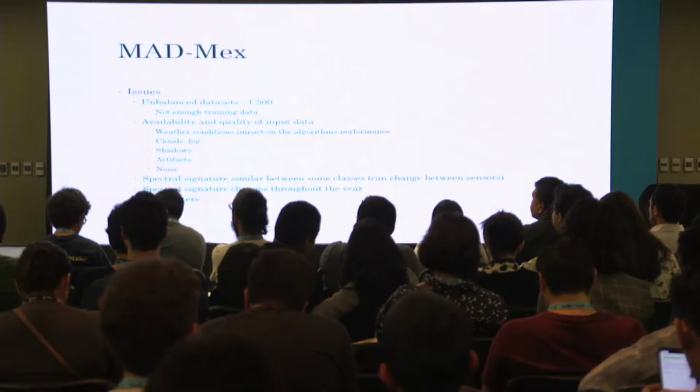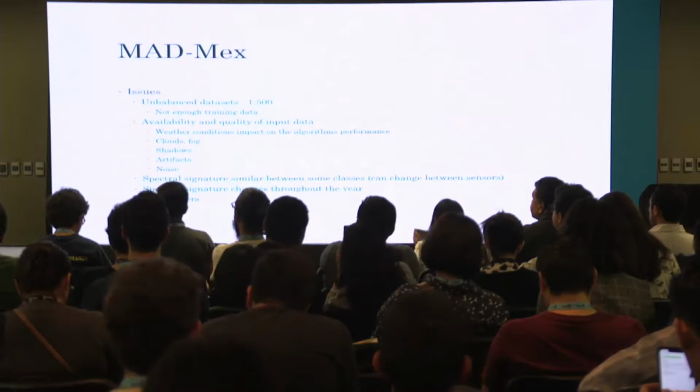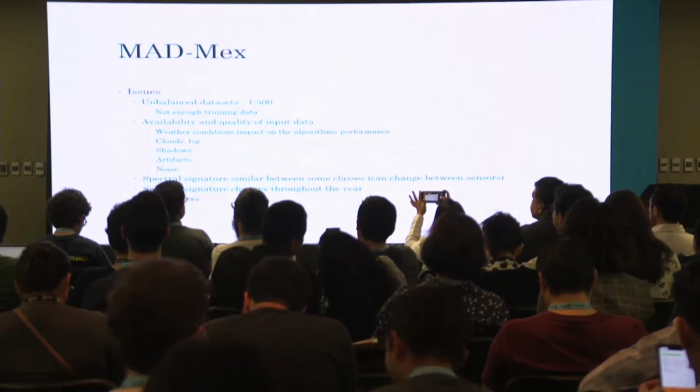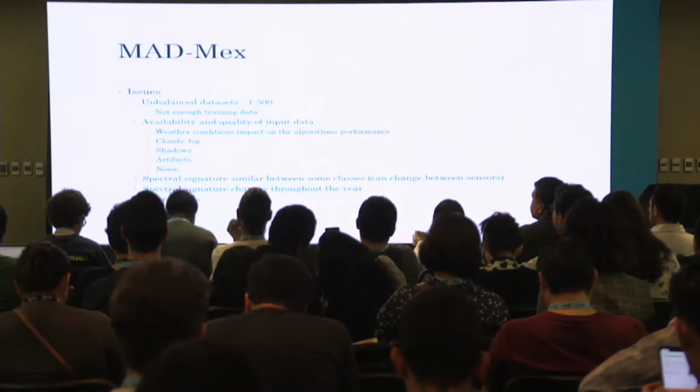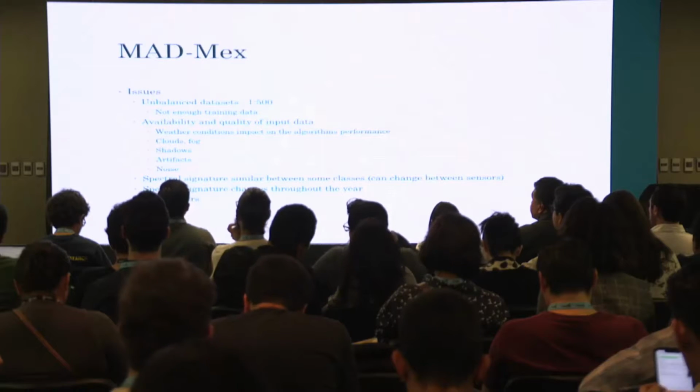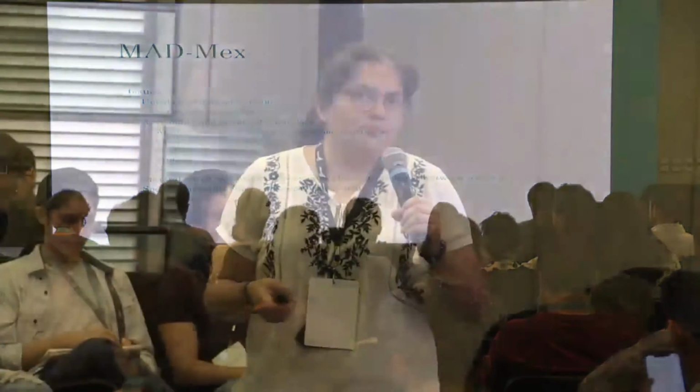Also, the images could present clouds or fog, and these clouds could mean shadows on the land, and that also impacts the performance of the algorithms. Also, artifacts and noise. For example, the satellite Landsat 7: its images present a lot of stripes because of some defects on the sensor.